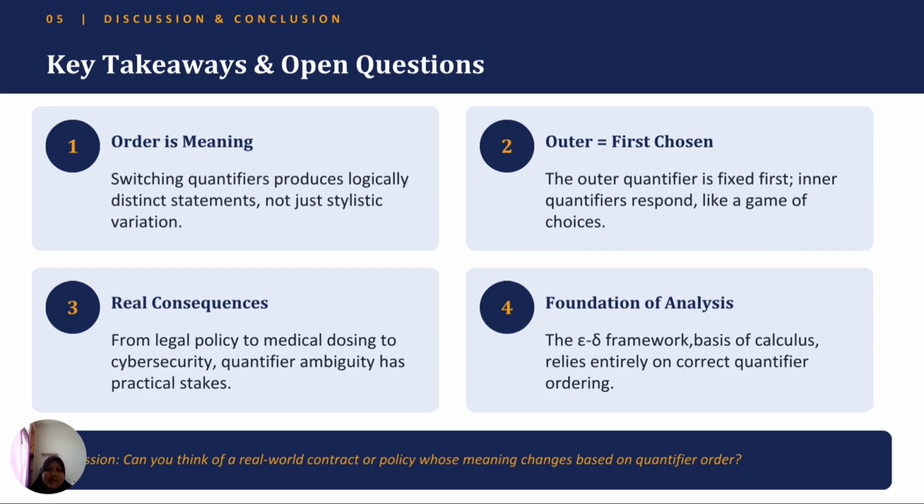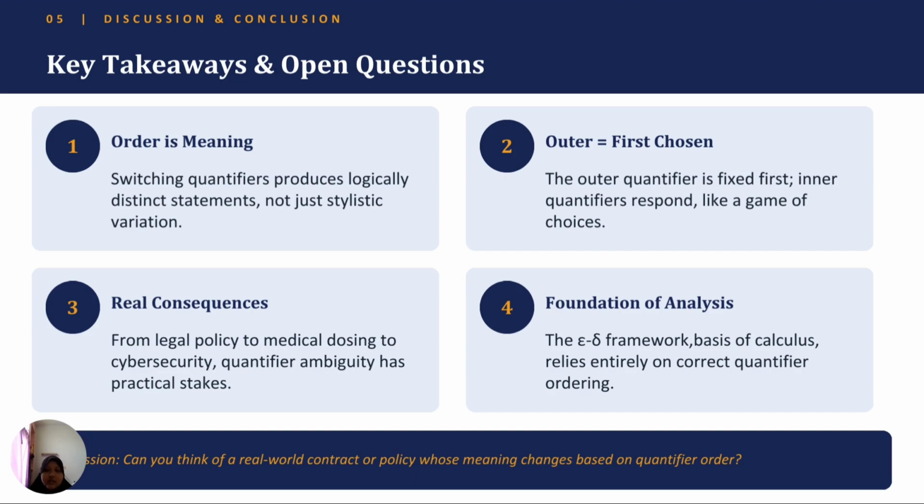We can see that the order of quantifiers is not just a matter of changing sentence style, but it can actually change the meaning of a statement. First, order is meaning. When we switch the position of quantifiers, such as for all and there exists, we are not simply rewriting the sentence.